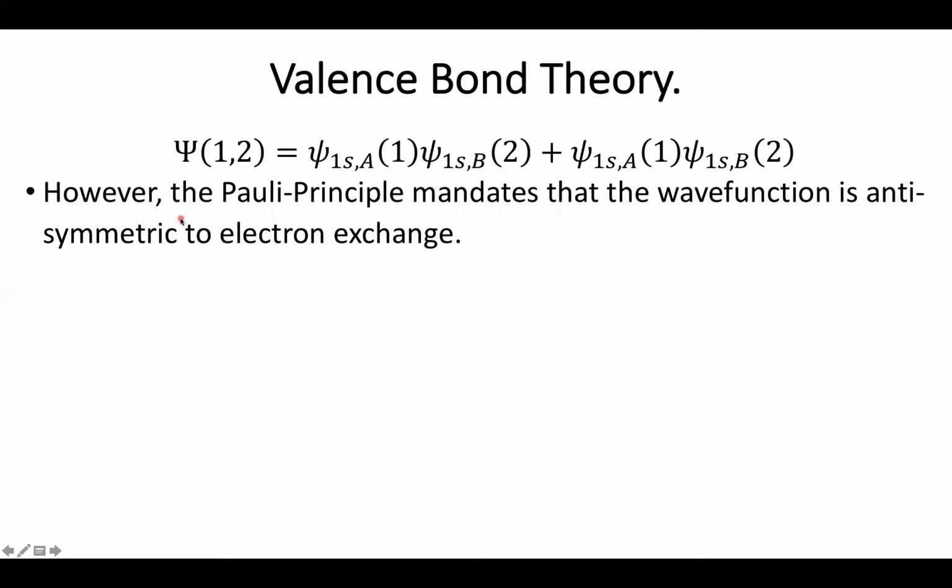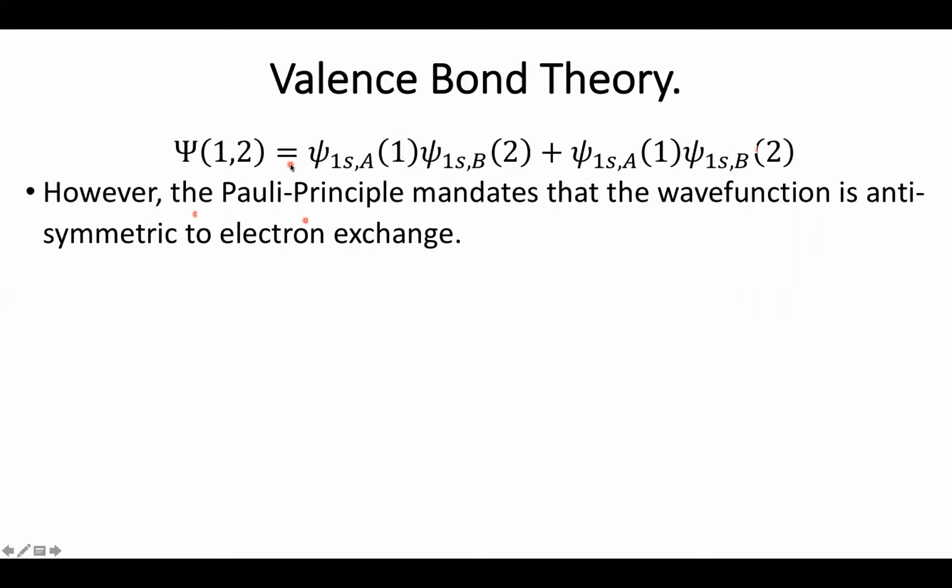So we have to remember that the Pauli principle is going to mandate that since electrons are fermions, they have to be antisymmetric to electron exchange, which means if I turn this 1 into a 2, and this 2 into a 1, and continue that throughout, I should get a negative sign out in front.